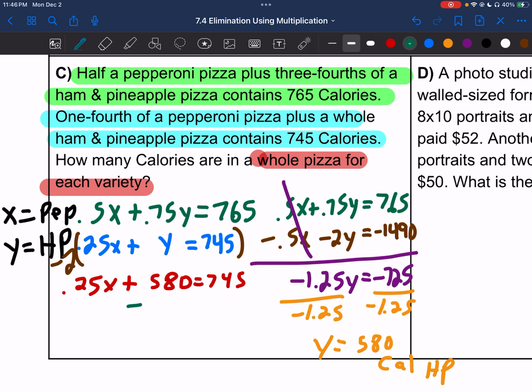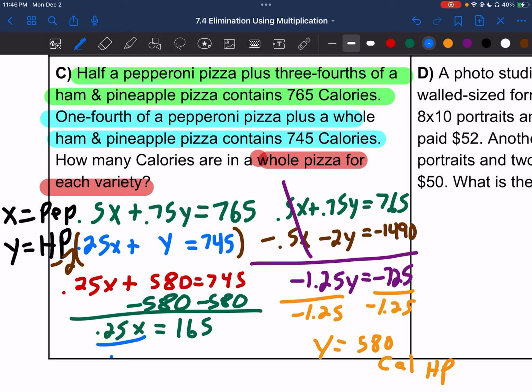We're going to subtract 580 from both sides, and you're going to get 0.25x is equal to 745 minus 580 is 165, which I will then divide by 0.25. So x is going to be equal to 660 calories for the pepperoni pizza.